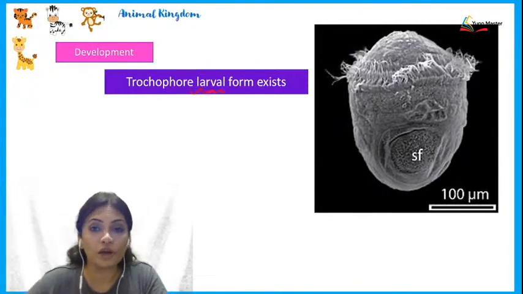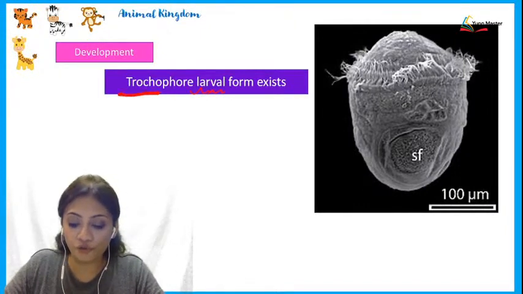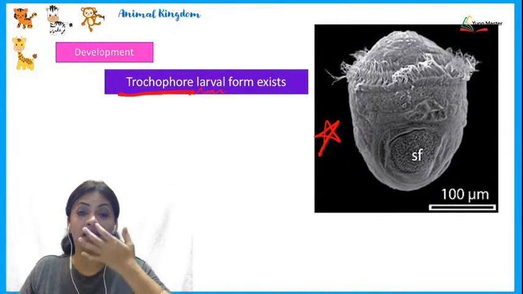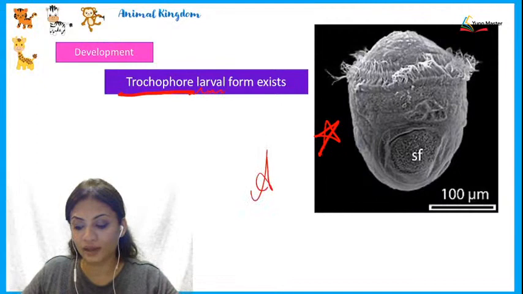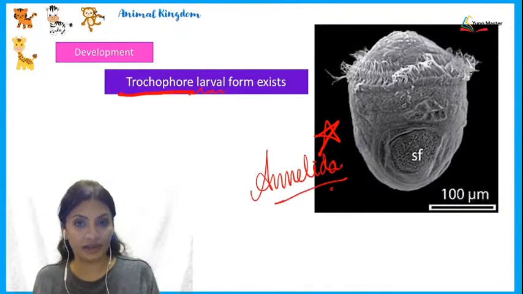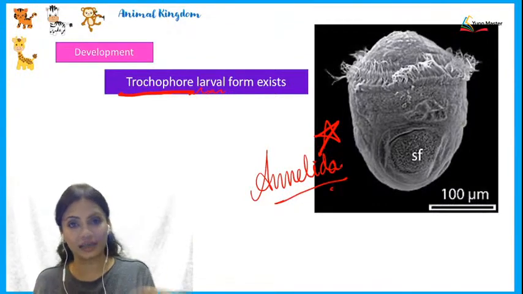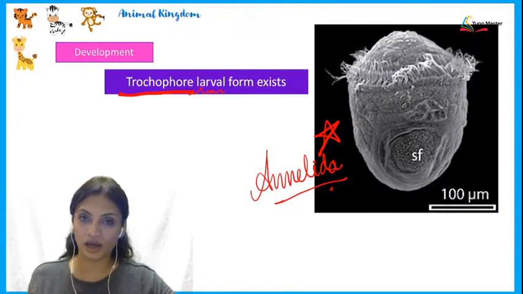And the larval form of any annelid would be called as a trochophore. Okay, so this trochophore structure that you're seeing right here is a characteristic larval form of the phylum Annelida. Okay, but remember our very important example, that is the earthworm, is belonging to a direct system of development where there's going to be no larva form present.